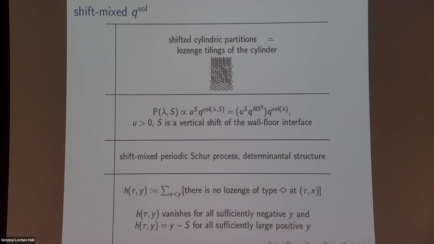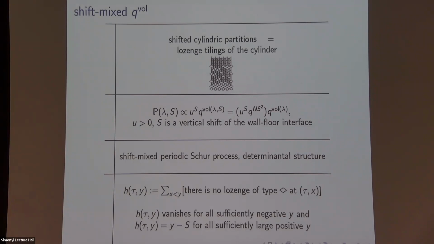And here is our second model. We have the shift-mixed q-volume measure, which is supported on the set of all lozenge tilings of the cylinder, again with our boundary conditions. In this case, we can think of it as a pair of an independent cylindric partition and a vertical shift, where the vertical shift is distributed as a discrete Gaussian.